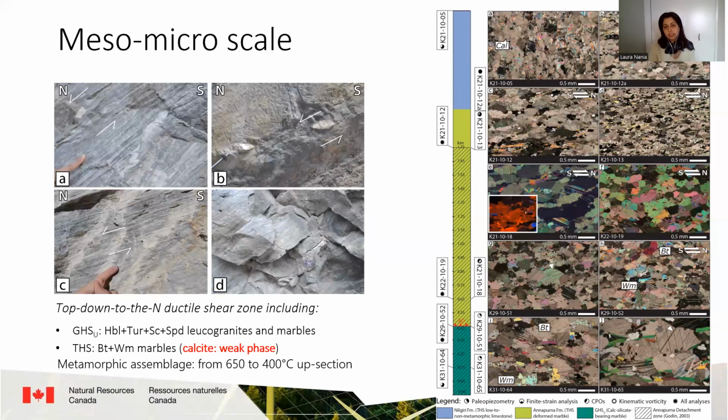Whereas going towards the hanging wall, we have the biotite zone and then biotite and white micas, or just white micas. So we have the same temperature profile that was described for the Everest area, between 650 and 400 degrees Celsius, if we just look at the mineral assemblage.